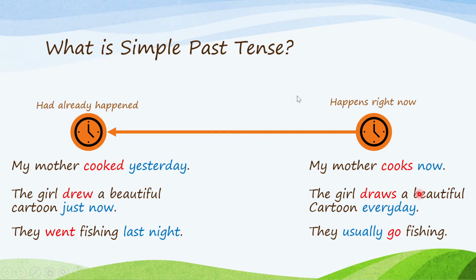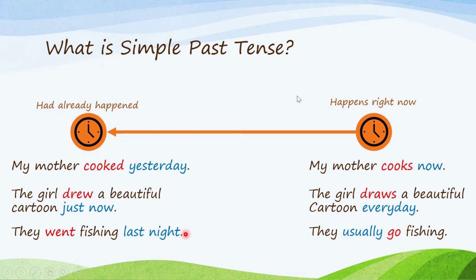Okay. Next. Present tense yang ketiga. They usually go fishing. Usually membawa maksud kekerapan ataupun frequency. Apabila frequency, kita tahu dia bagaikan atau seperti everyday, rutin. Bila rutin, kita gunakan simple present tense. Okay?